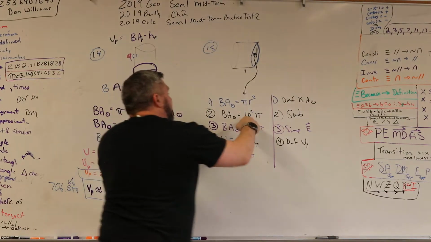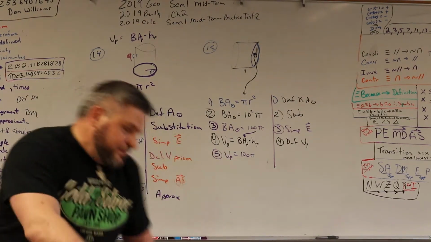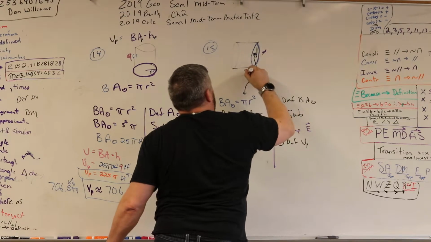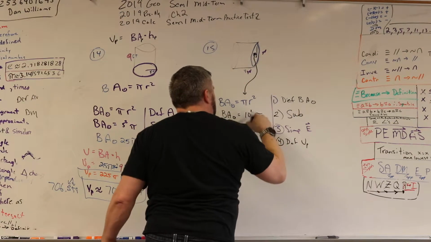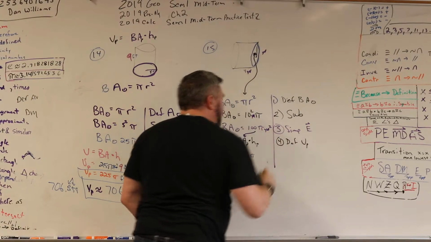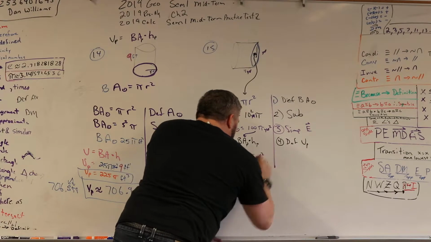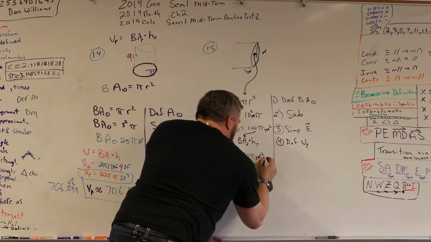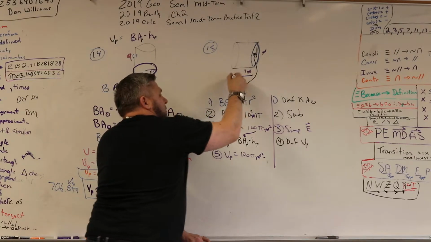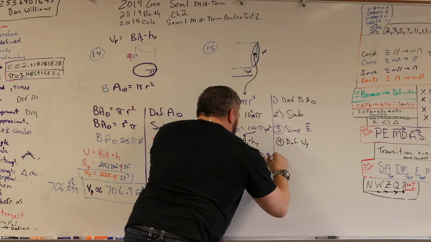Now remember, this was 10 yards, and this is 9 yards. So this 10 yards squared would be yards squared. Times what? What's the height? The height is 9 yards.